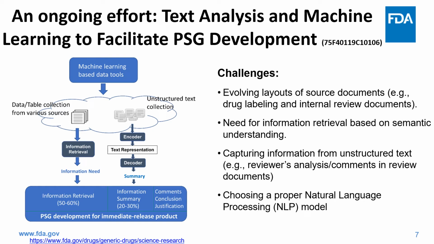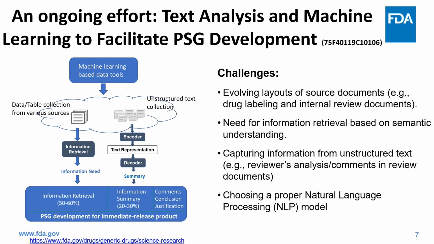Given the current advances in natural language processing, NLP models, the project team is working on streamlining the information retrieval and information summary parts. If we finally succeed, a significant amount of time and effort will be saved for the PSG developer, so that more time and effort can be invested in the tasks involving human intelligence.